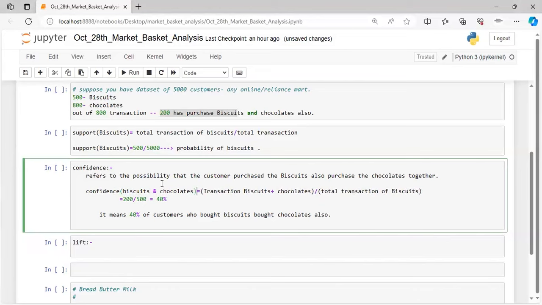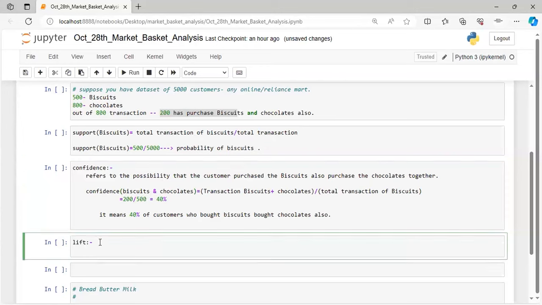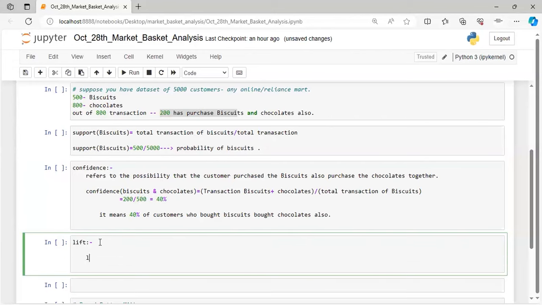When you calculated the confidence of biscuits and chocolate, we can also use the formula that we learned in the probability chapter, right? That conditional probability. Yeah, this is basically a conditional probability. Okay, so lift refers to the increase in the ratio. First write the formula of lift, then we can understand lift.